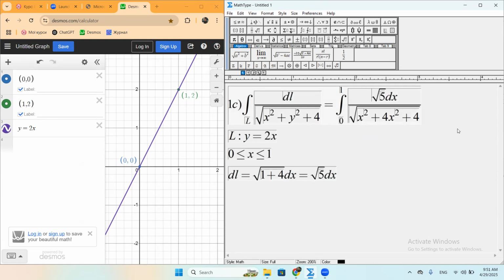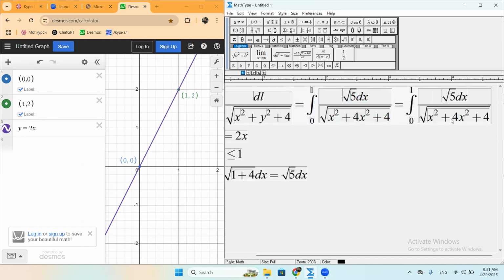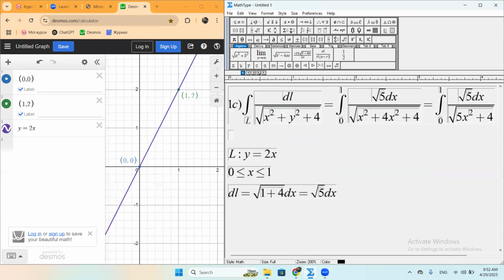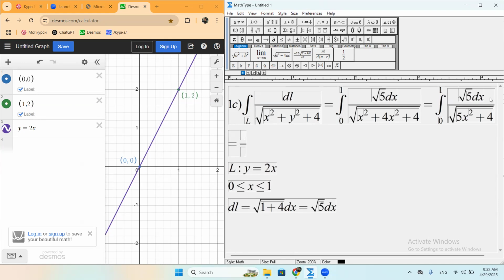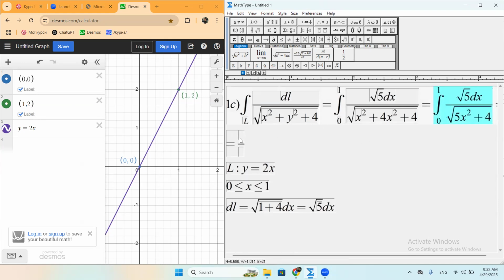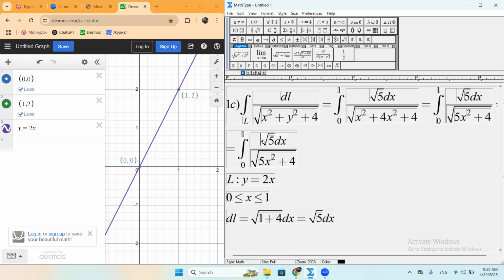Okay, let's simplify it a little bit. So we have 5x squared plus 4 under the square root. And now let's calculate this integral. By the way, we will use the differential entry technique.